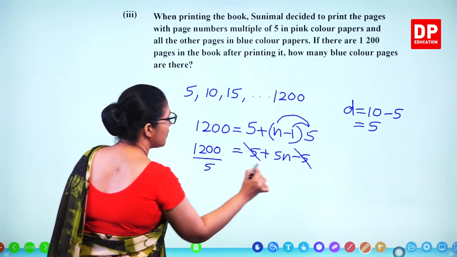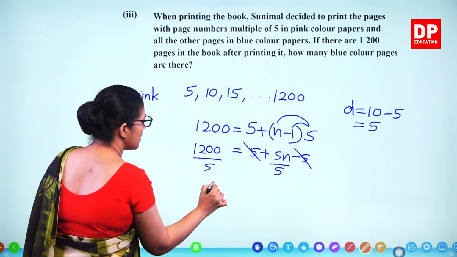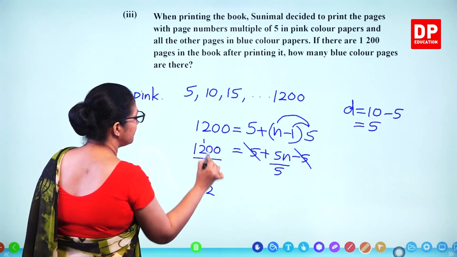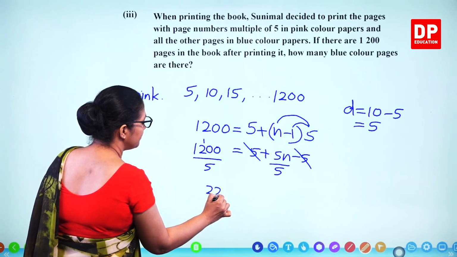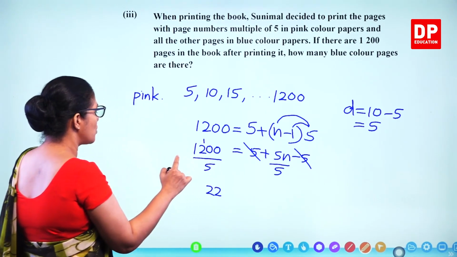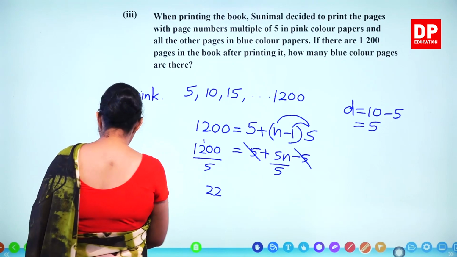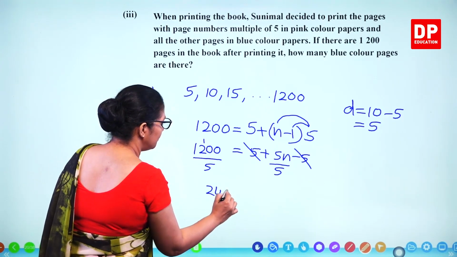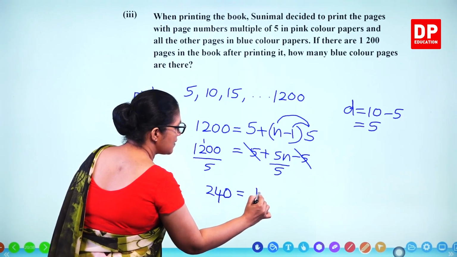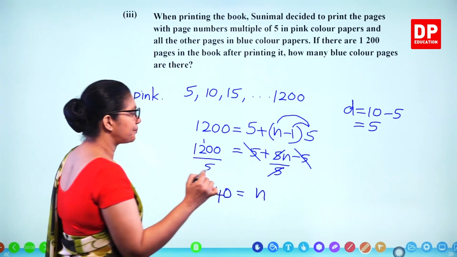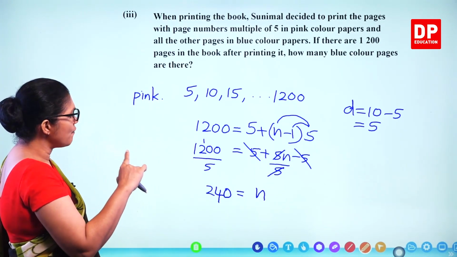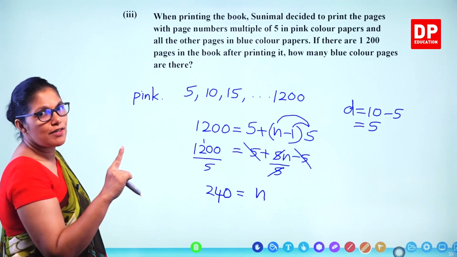Divide by 5. So 5 times 2, 10. For 20, that's 4. 240 is equal to n. So 240 pink pages are there.